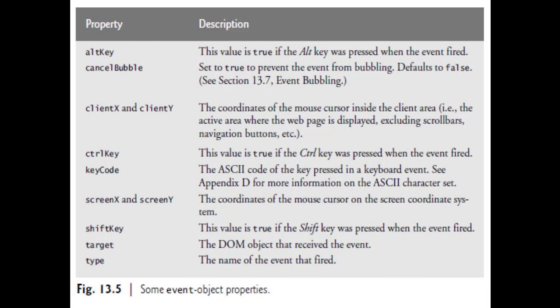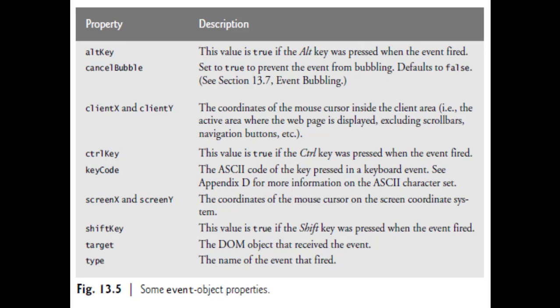We all know that the screen coordinate system starts from the top left corner, it will be 0, then it will be added towards the bottom right corner, like that. Then there is another property called target, the DOM object that received the event.